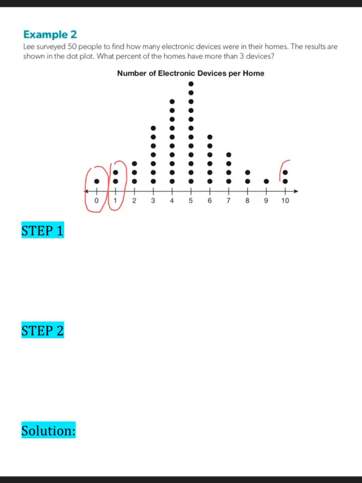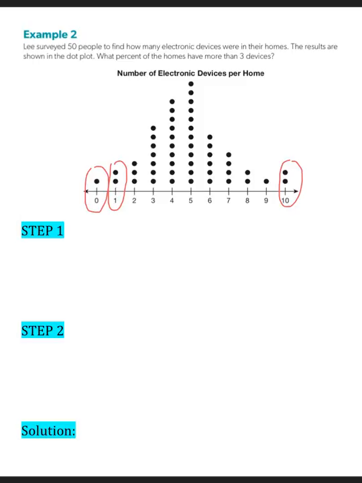And then here on the other end of the number line, we can see that there are 2 homes where somebody actually has 10 electronic devices, which means there's 10 iPads, phones, computers, tablets, whatever it is, right? So again, a dot plot shows frequency.